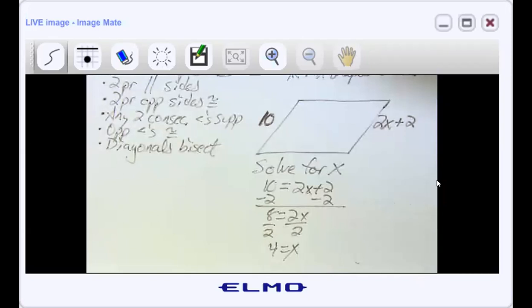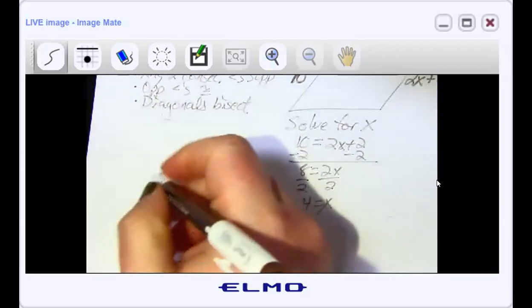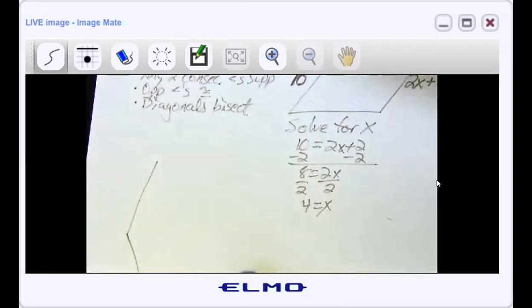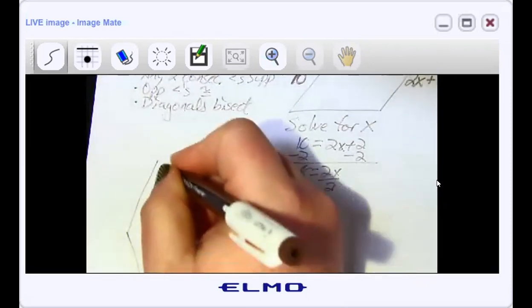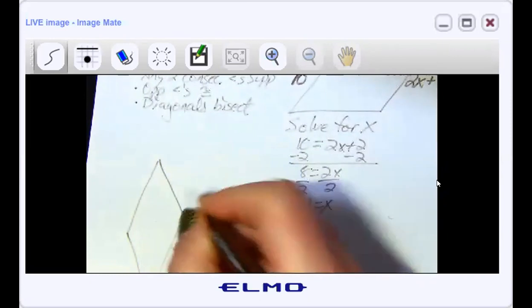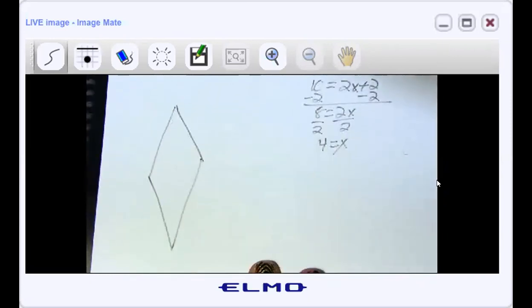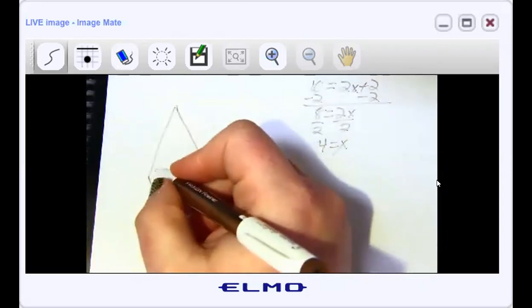All right, let's try something else. What if I gave you this? So say I gave you this parallelogram.